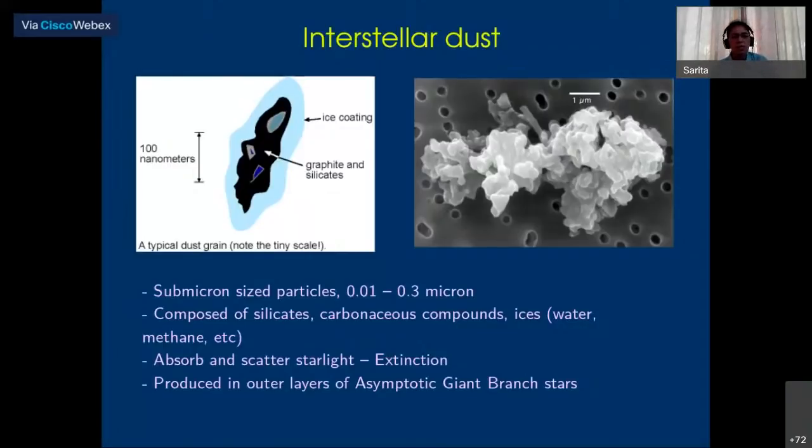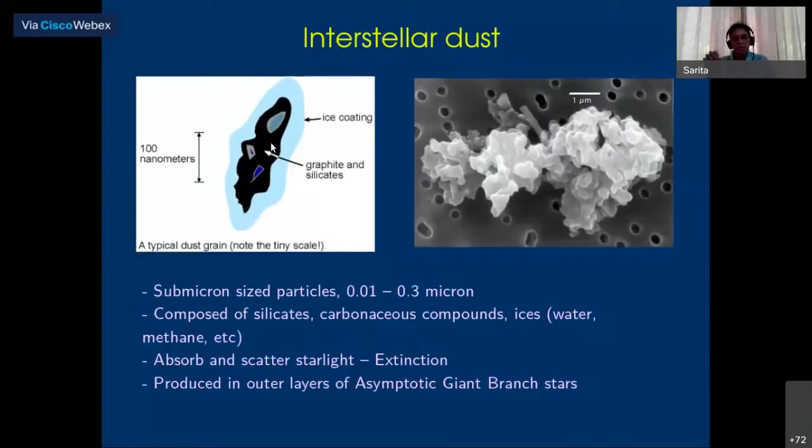The dust particles are usually made up of silicates, which is SiO2, and some carbonaceous compounds, because we see spectral signatures of this composition. They are also made up of some ices, for example water, methane, and so on. We anticipate that the structure of this interstellar dust should be something like this. In the center you will have a small silicate and graphite, or carbonaceous, core.